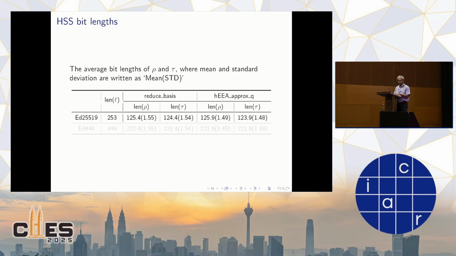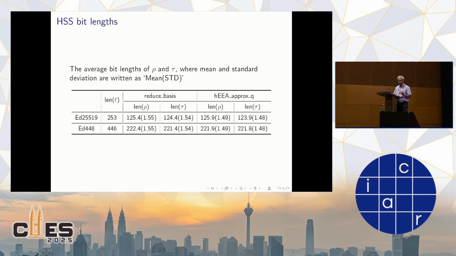Similarly, the length of tau is 125, and for the other it is 124 and 123.9. So they're very similar, and they are very close to half of the length of L.